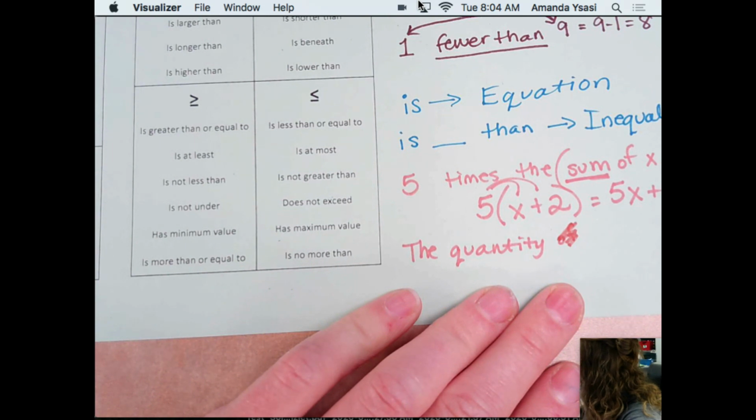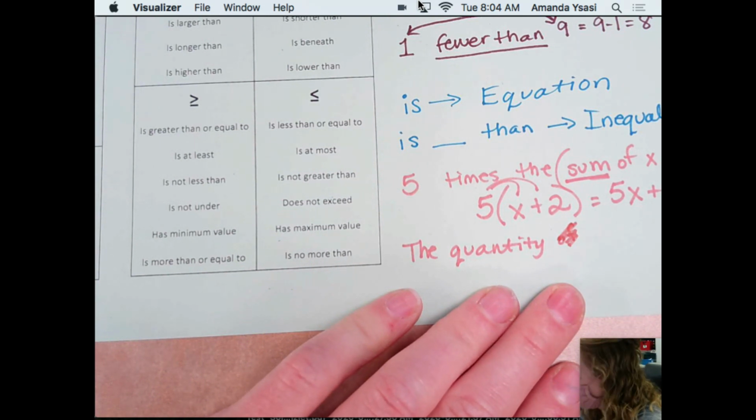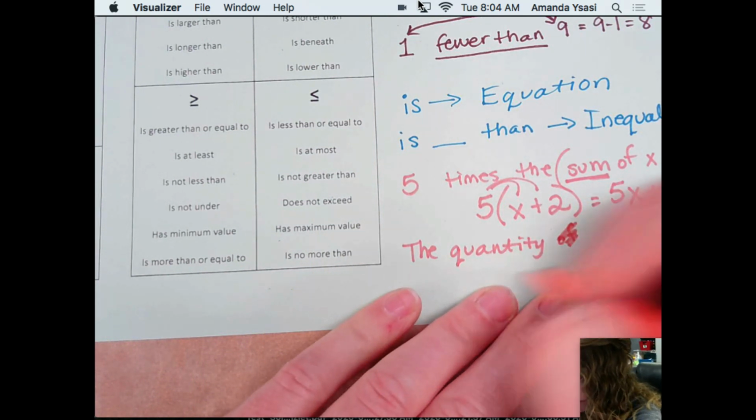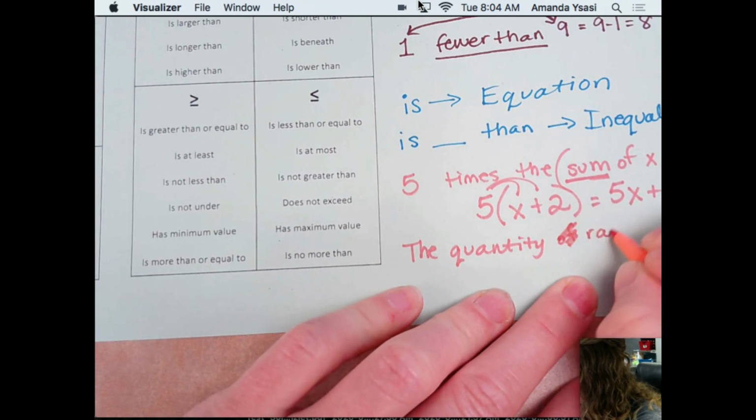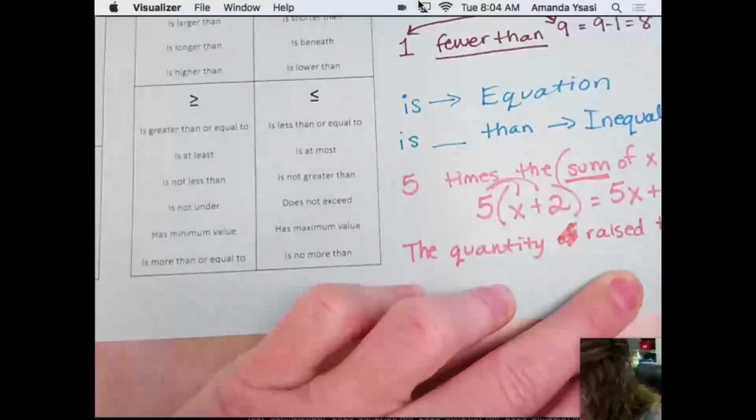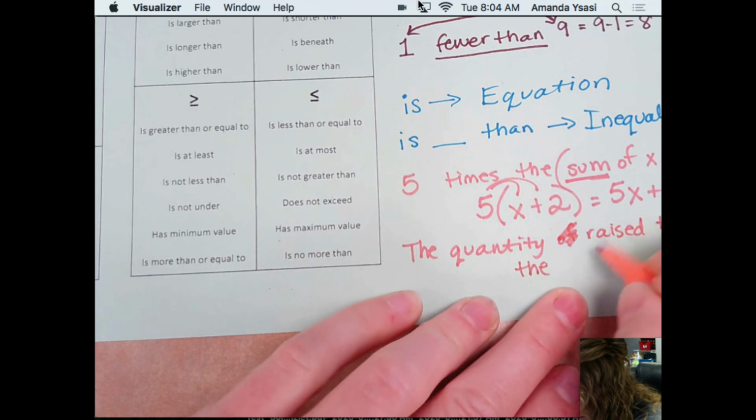What was it? The quotient? Okay. You can do the quantity raised to the second power.